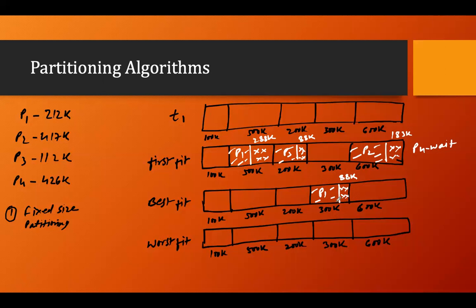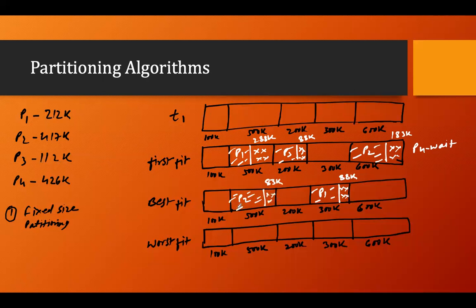Next will be P2, where 417 is required. So 500 or 600; 500 will be taken as the best fit, and we can accommodate here. The leftover will be around 83K, which is of no use.